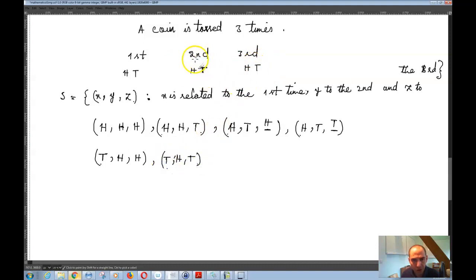And then I switch these two, meaning that I get, since I have already done H, I'm left with T here. So I get T, T, T, T, T, H, and I get T, T, H, and T, T, T.